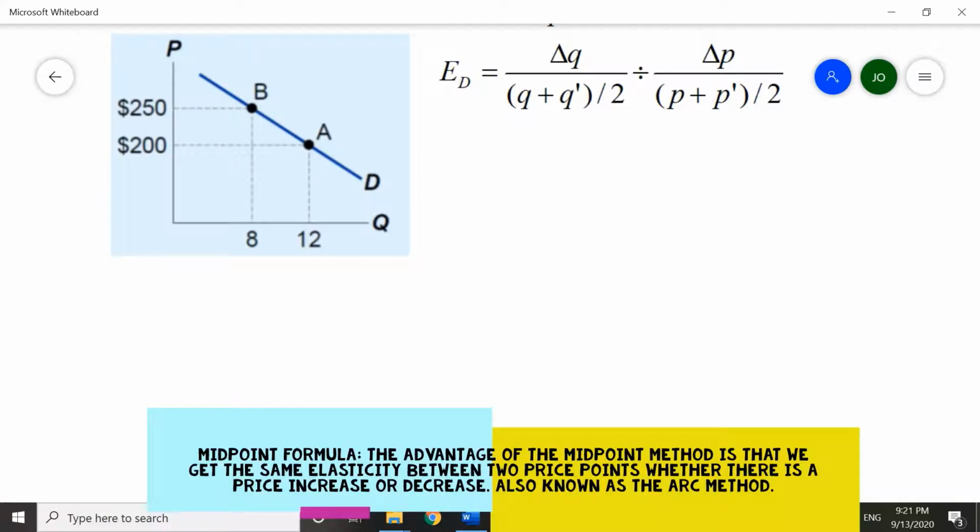The elasticity you would get from going from point A to point B should be the same as if you were calculating from point B to point A. However, if we use a basic percent change formula, we won't get this result. So the way that we solve it is we use the midpoint approach shown in this formula. With this formula, the direction of the change in price does not matter.